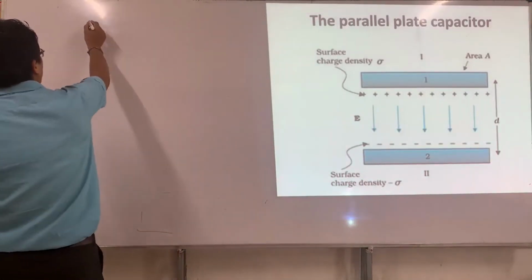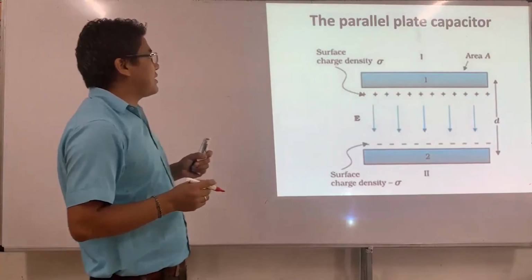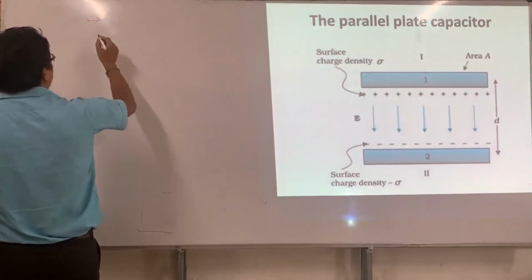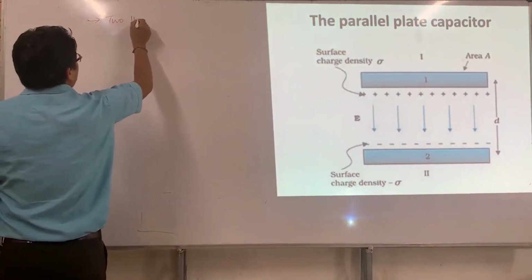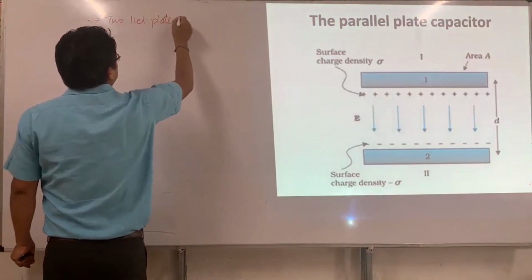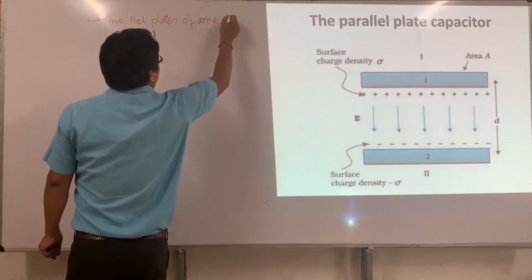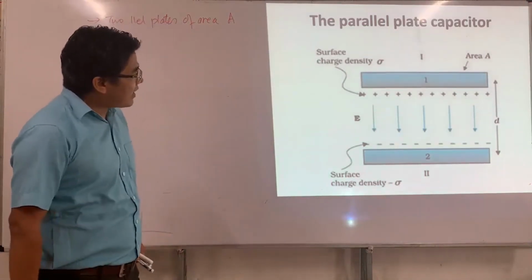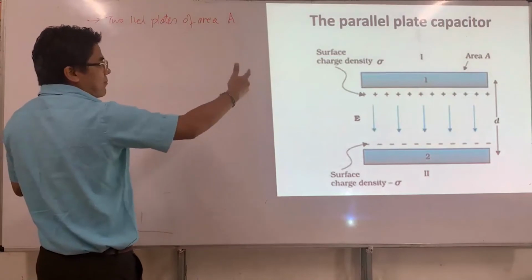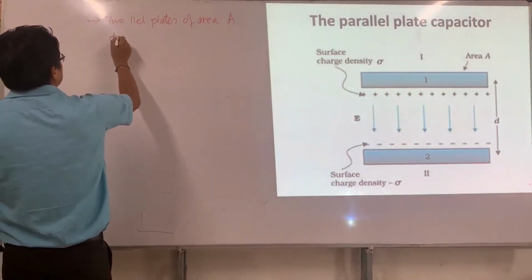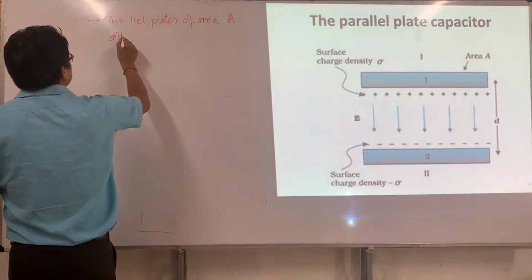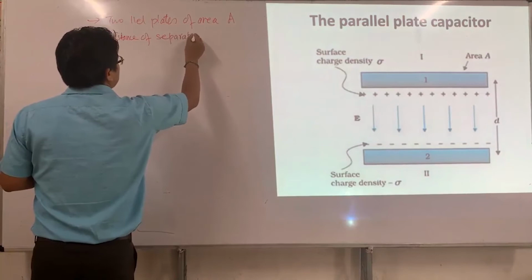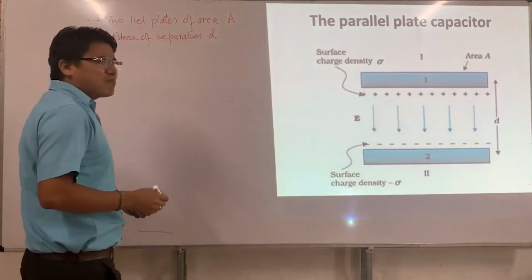Alright. So first, I have two parallel plates of area A, and the distance of separation d is very small.